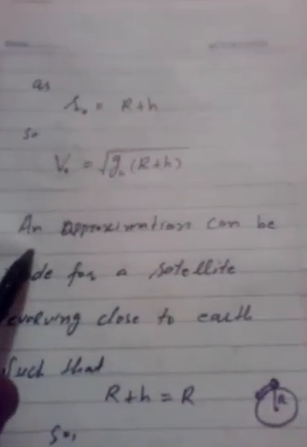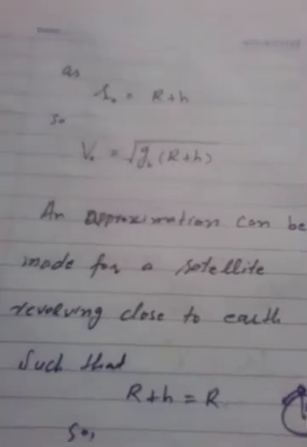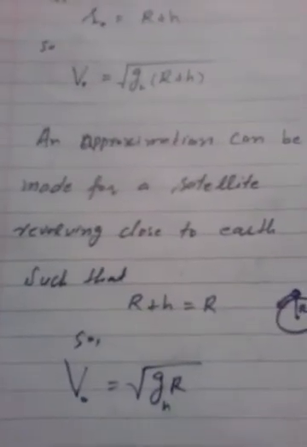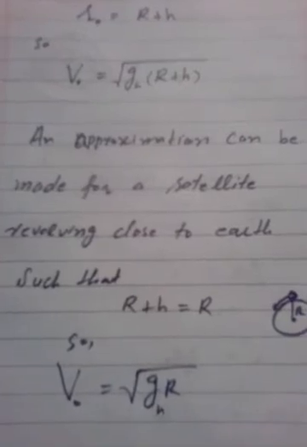As represented, r0 is equal to R plus h, and r0 is replaced by R plus h. Next, an approximation can be made for a satellite revolving close to the earth.